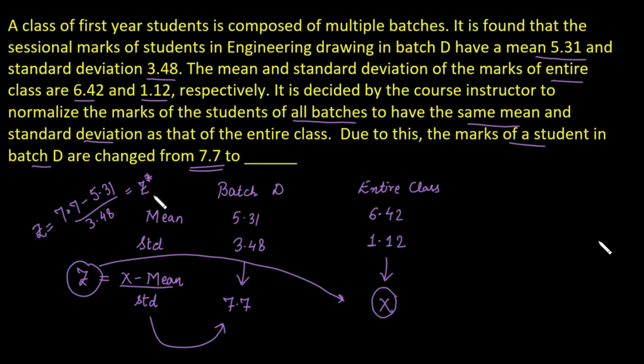Use the same Z star here: Z star is equal to X minus the mean 6.42, divided by the standard deviation. So from here you can find X, which will be Z star into 1.12 plus 6.42.